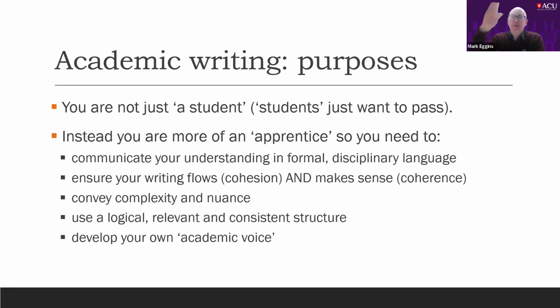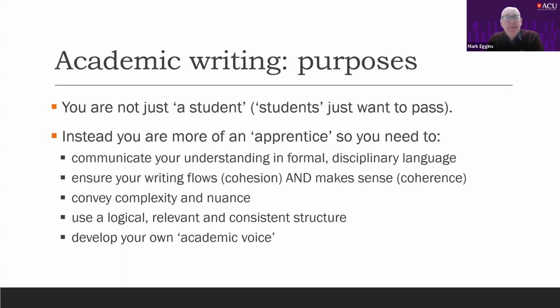And your writing needs to flow, but it also needs to make sense. So you need the cohesion and the coherence. You need to convey the complexity and nuance of whatever area you're in, because everything is complicated.